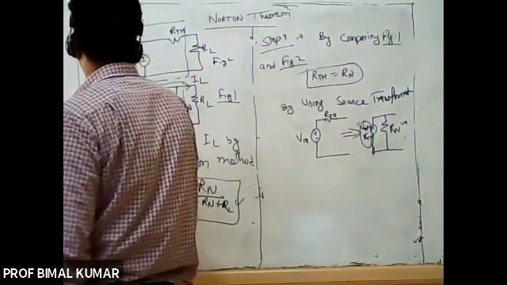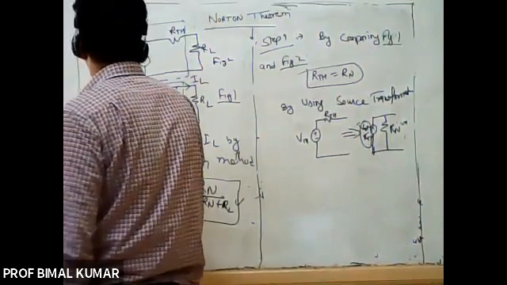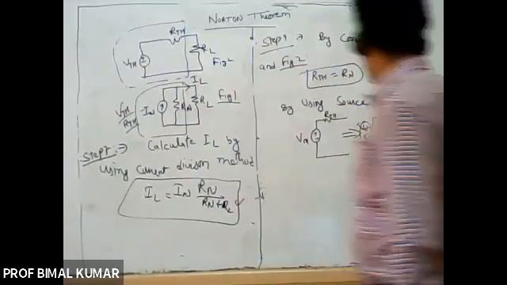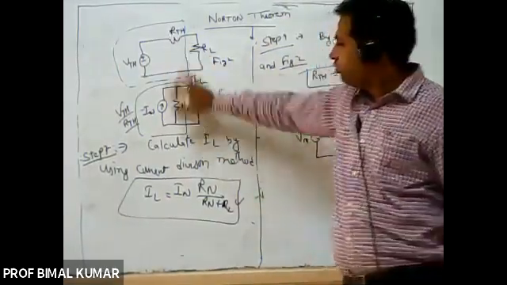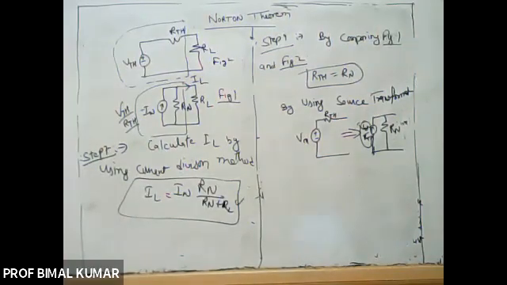VTH upon RTH, that is your value of the IN, and RN will be placed here in parallel. So that means both of that network are same, right?